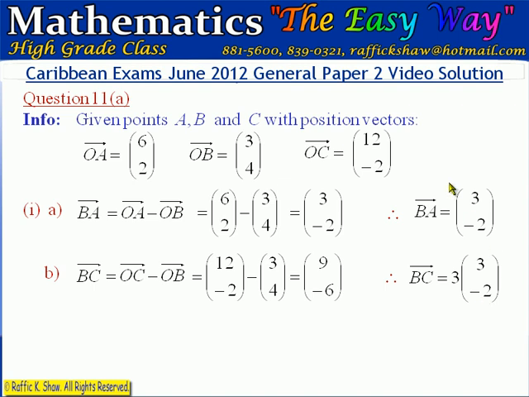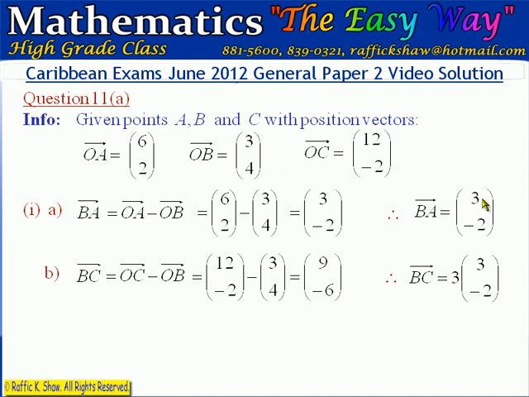We did that in order to compare vector BC with vector BA, because section 2 is asking us for geometric relationships between BA and BC. So we factorized vector BC into 3 times the vector (3, -2).